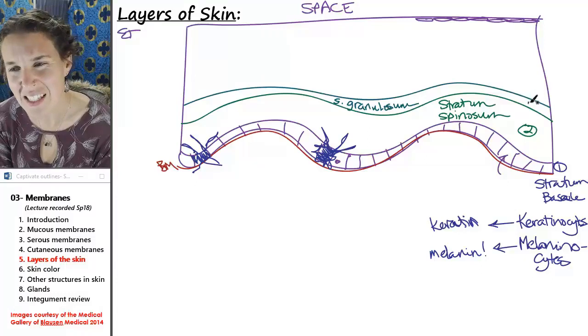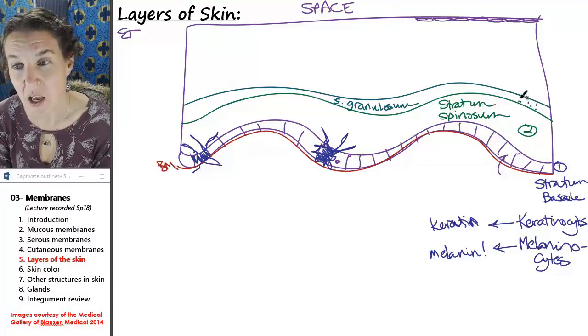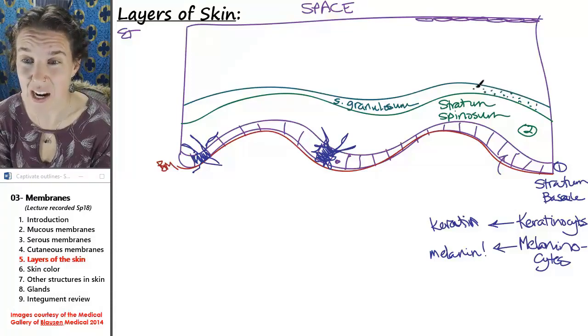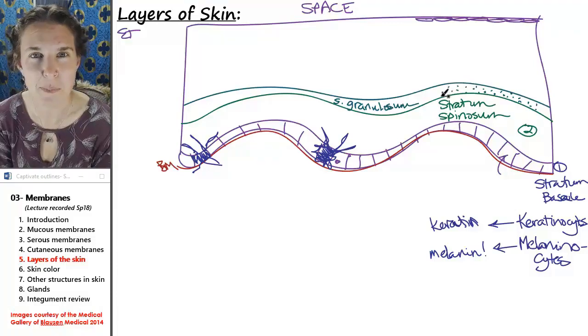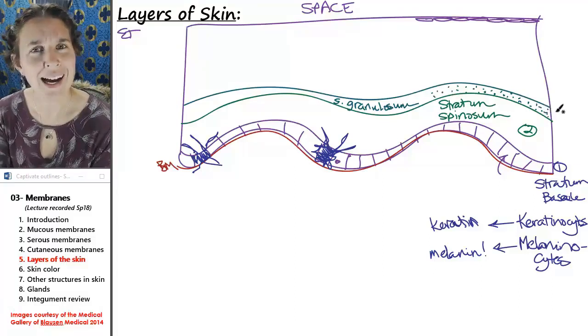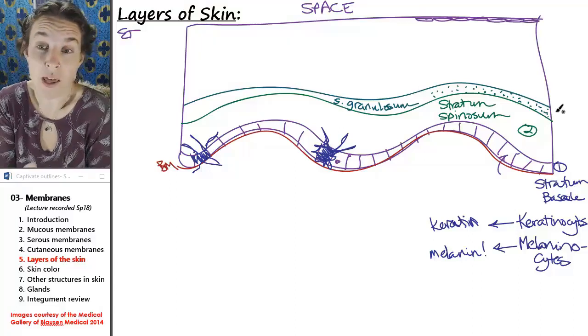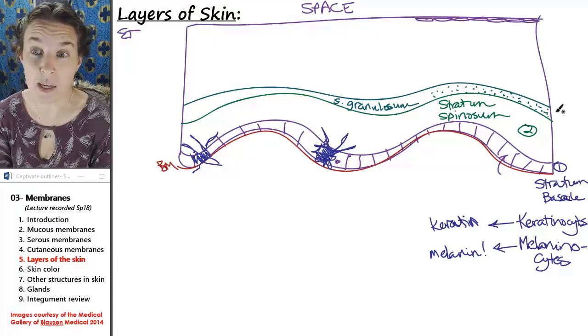The cells in stratum granulosum fill with granules, and those granules are pre-keratin granules, and they're also pre-lipid granules. Tell me what you know about lipids. Give me a lipid. Lipids are waterproof. This is one of the ways that we end up becoming waterproof.